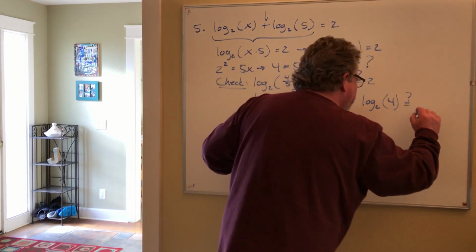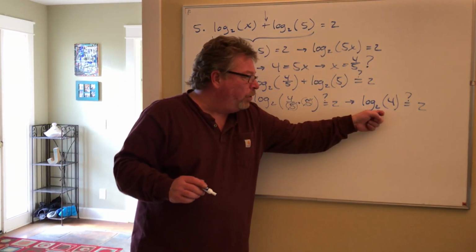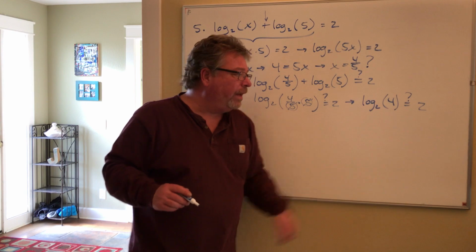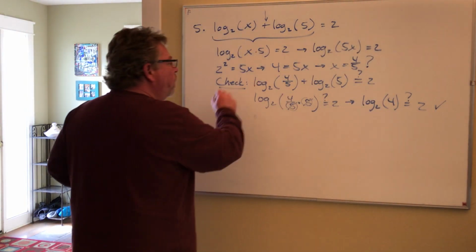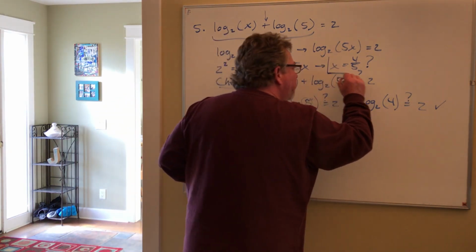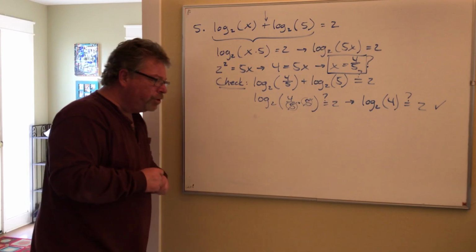Is this equal to 2? You bet. Because this is the exponent that goes on 2 to get you 4, and that's 2. This checks out. So where are we? This is a perfectly legitimate solution to that equation.